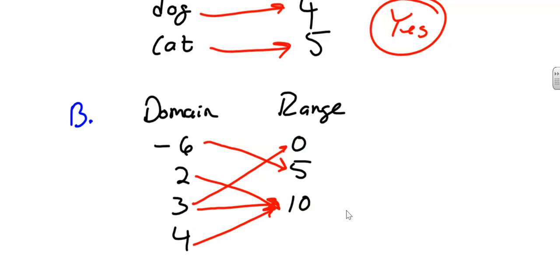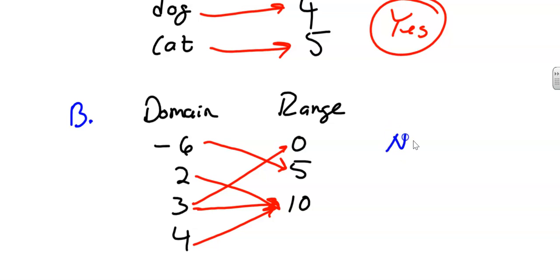Okay, and really what it comes down to is as long as you've got one arrow drawn from every number in your domain over the range, and again, you're really not even worried about what's happening over here. But for this one, you've got 3 goes with 0 and you've got 3 goes with 10.